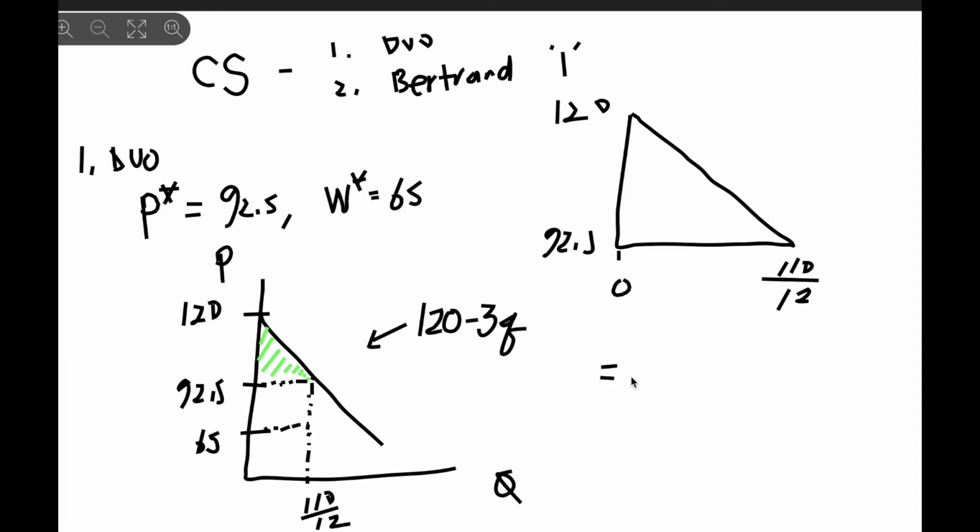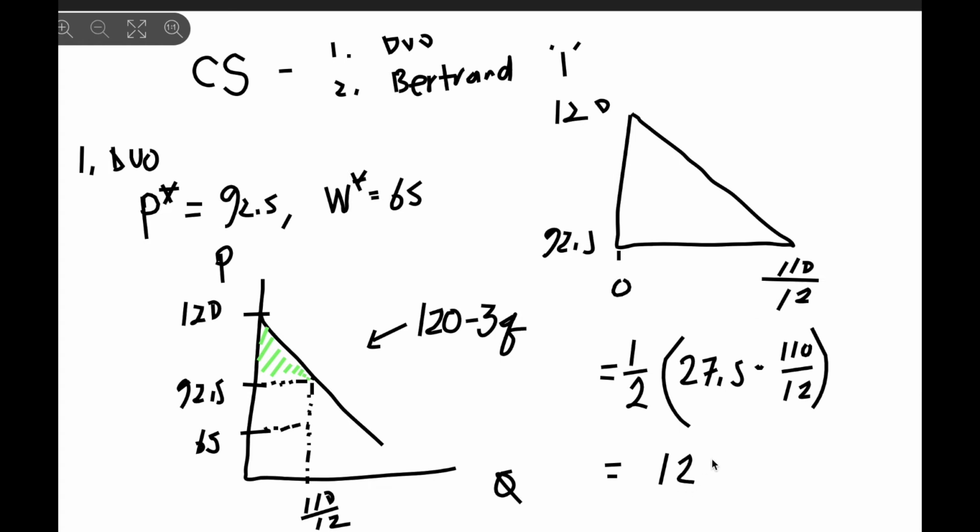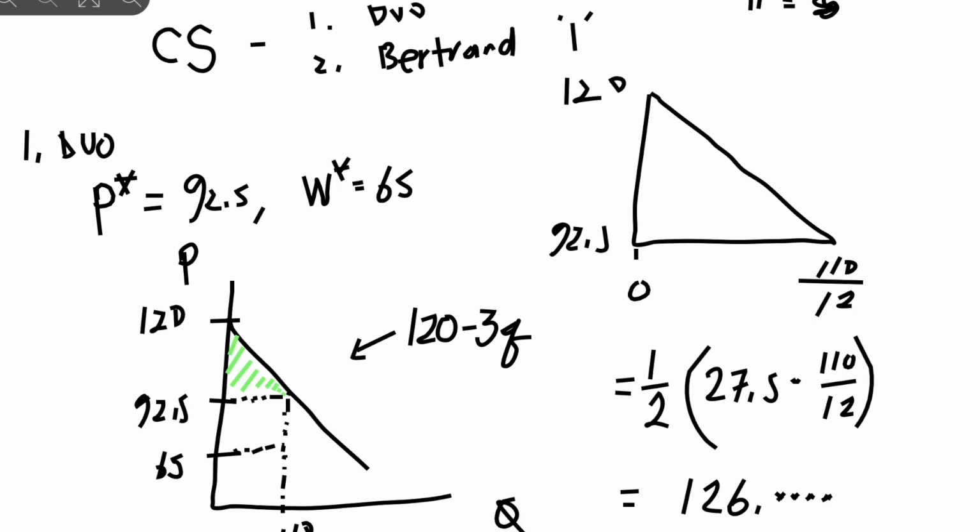So 27.5 times 110 over 12, and we take half of it. So our consumer surplus will be about 126.